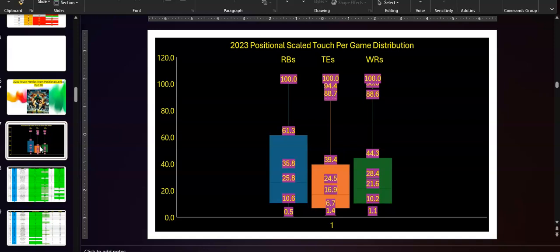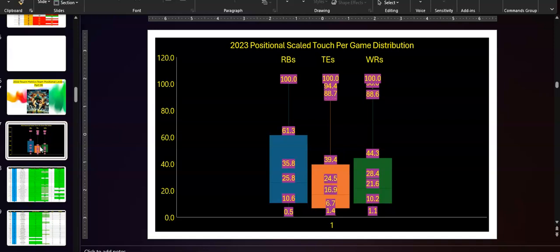So, looking at players, I then looked at touch per game distribution. So I'm leaving the metric of the weekly OPMG that I did before, circling back around to touches per game.